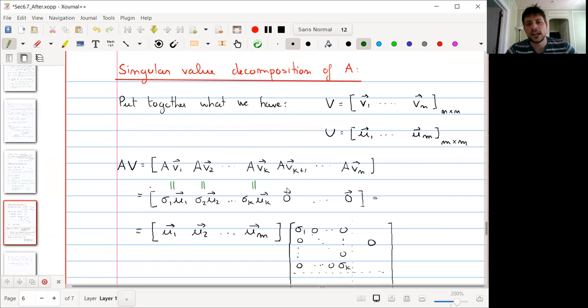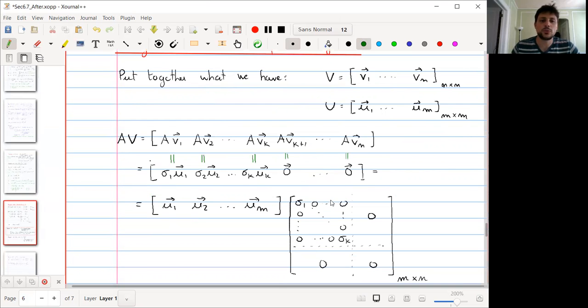And the last ones are 0, again, by the property that we just proved. Whenever the index is bigger than K, A times V is 0. So A times V looks like this matrix here, whose columns are a bunch of zeros at the end, and they're given by the first K vectors of the basis U multiplied by the singular values.